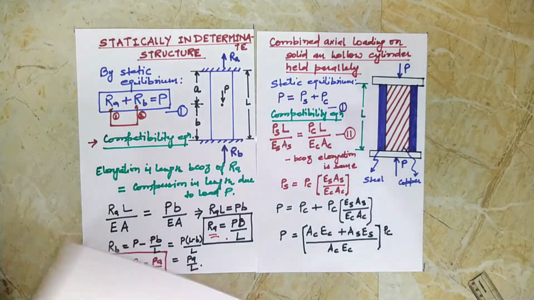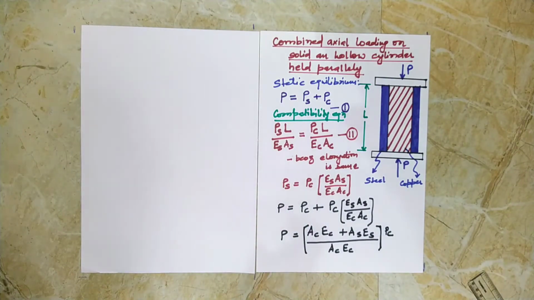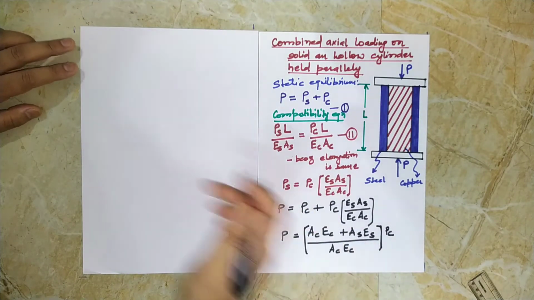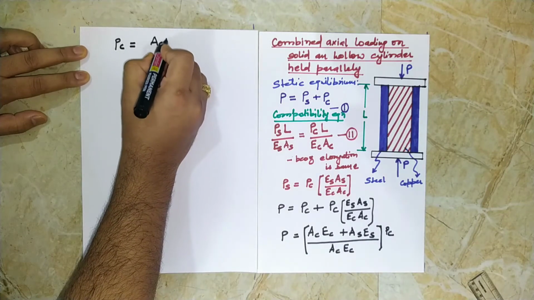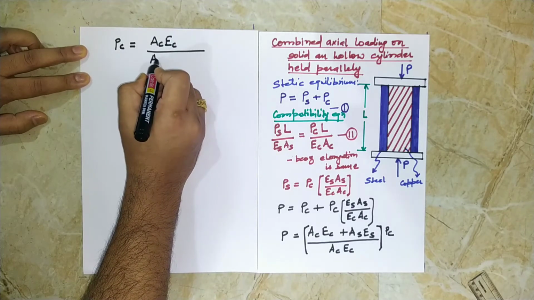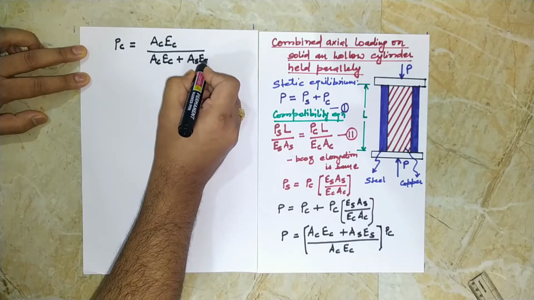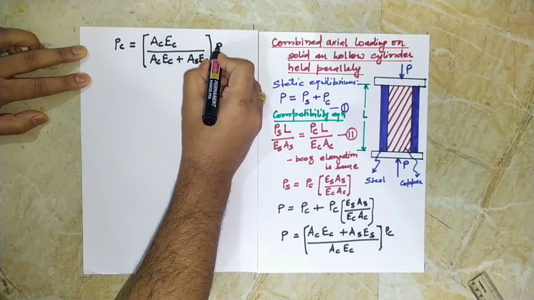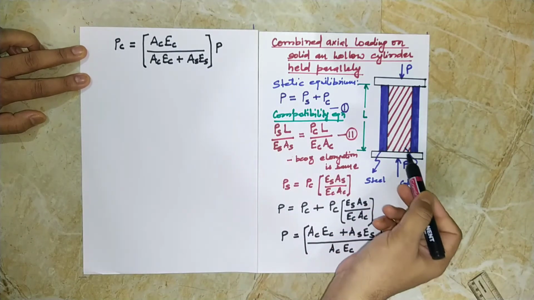We'll take a separate page now. So we can just bring this to the other side and get an equation for PC. So PC will be AC EC by AC EC plus AS ES, into P. Okay, so this much load is being taken by the copper cylinder.